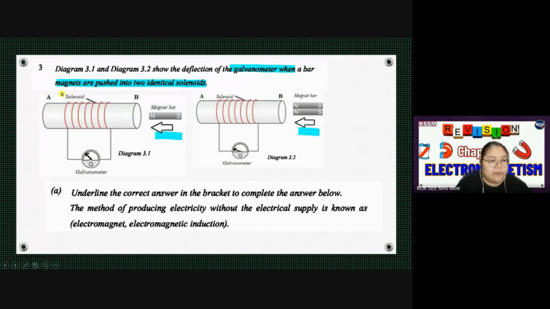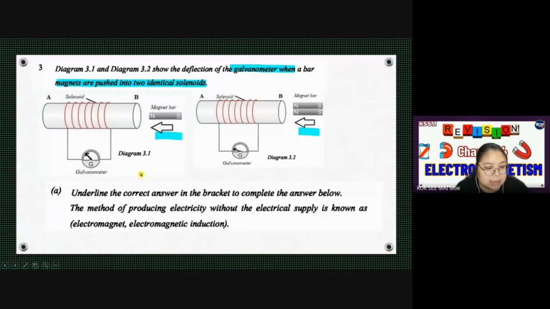A bar magnet is pushed into two identical solenoids. So we see what the differences are before we answer. First, the number of turns, I think almost the same. You can count. Almost the same. Then we look at the galvanometer. Remember, the galvanometer starts from the center.